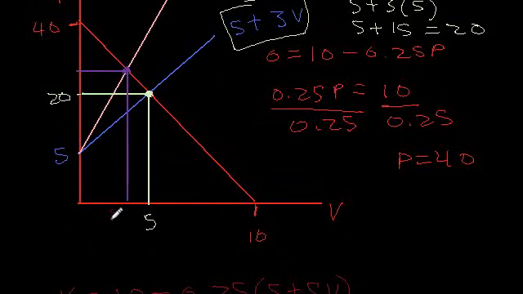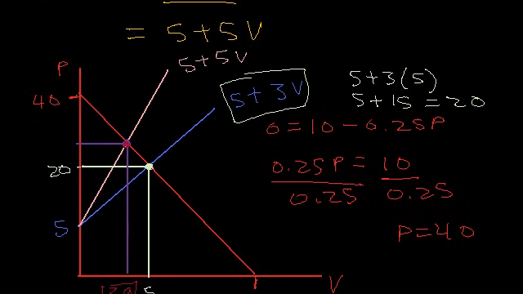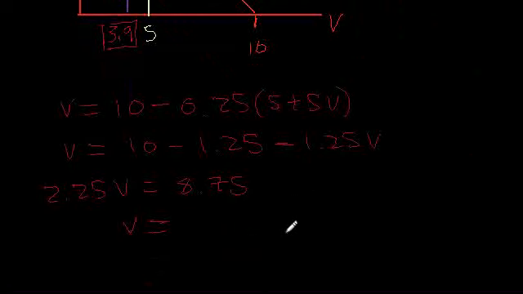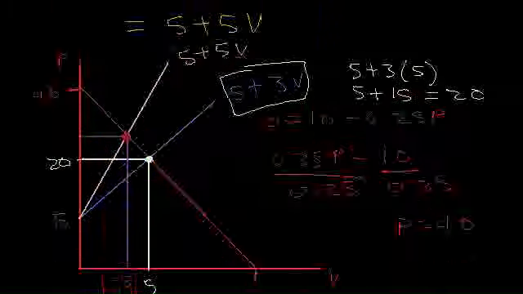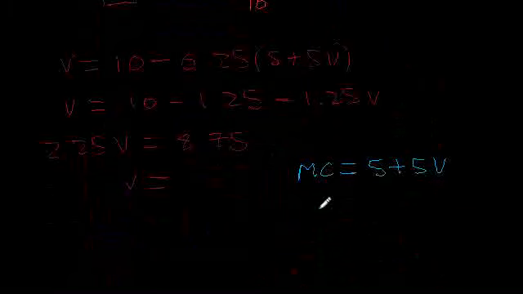So that's 3.9. Now the value on the y-axis at this point is going to be given by inputting this 3.9 value of V into this equation right here. So let's do that. Our equation was that the marginal cost is equal to 5 plus 5V. Is that right? Yep. And we're going to input our V of 3.9 into that.